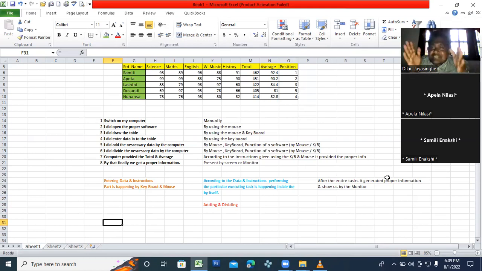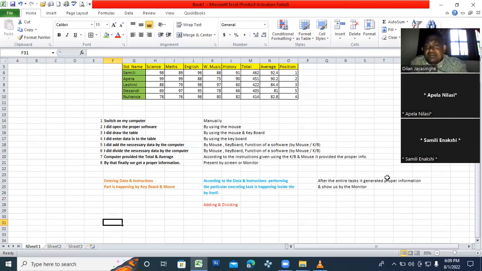Where does this executing task happen? It does happen inside the system unit. It means all the processing tasks are happening by the system unit.